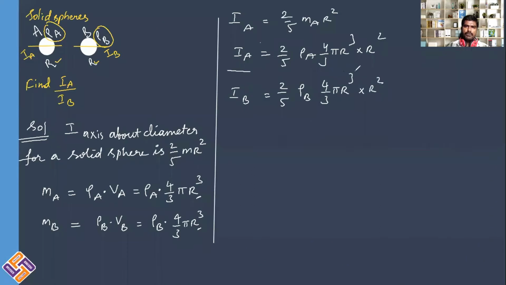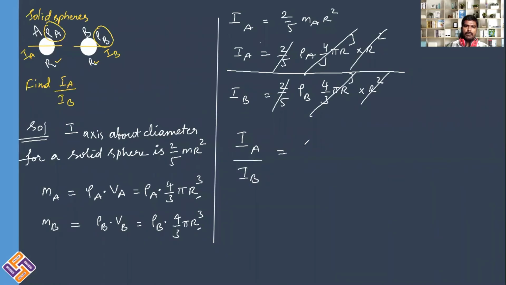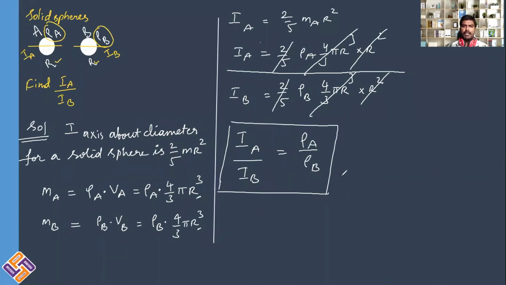Now divide these two. 4 by 3 pi r cube and r square get cancelled, and this 2 by 5 gets cancelled. Moment of inertia IA divided by IB is equal to rho A divided by rho B. This is the ratio of moment of inertia about the diameter.